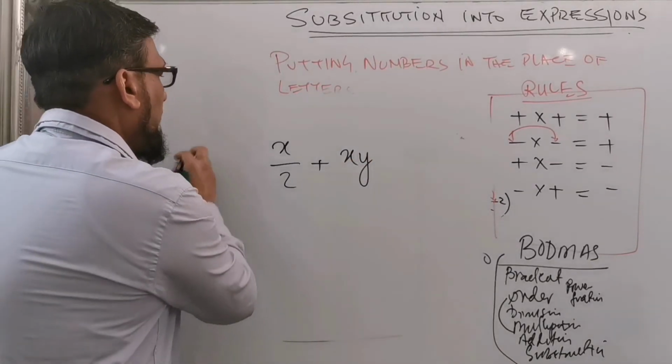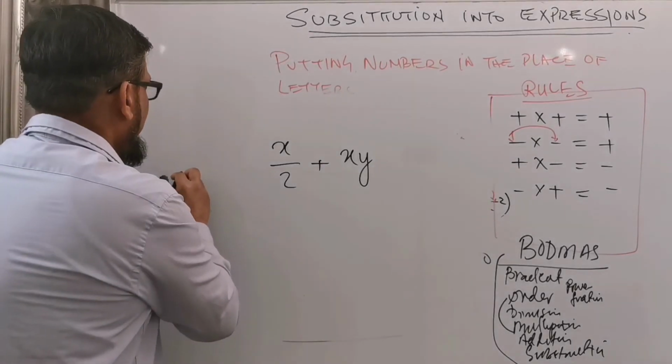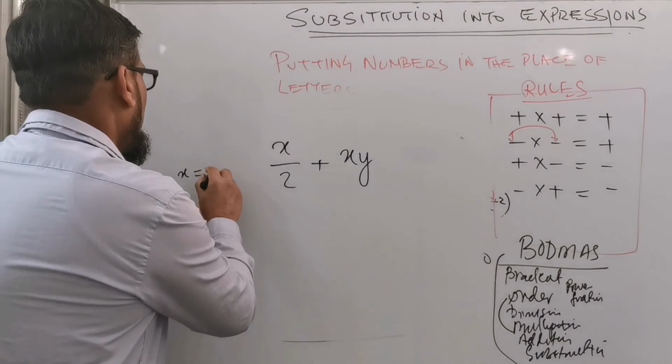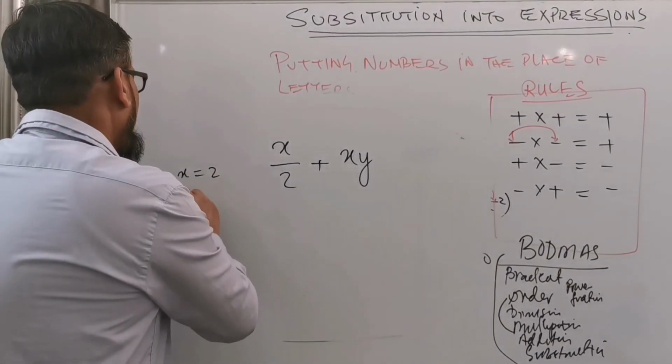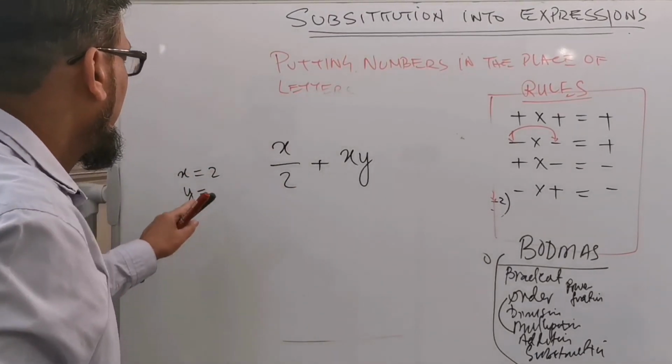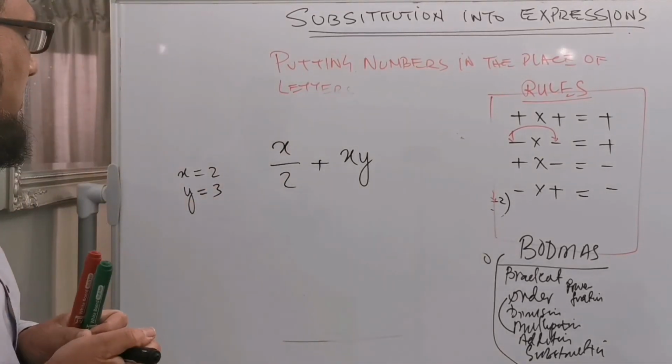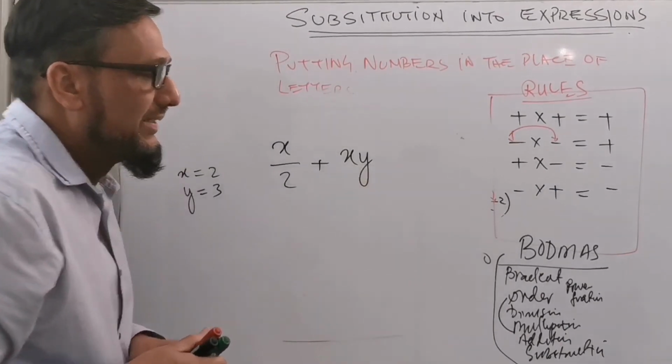The value of x is 2 and the value of y is 3. So we need to simplify this one.